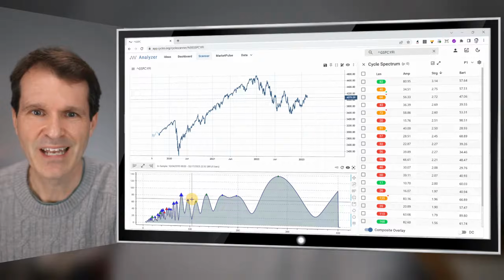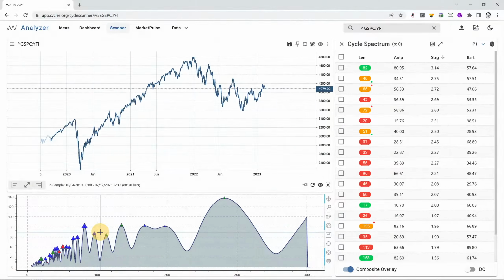So going with the standard setting here, we see that the cycle spectrum at the bottom shows us the so-called peaks in this spectrum. And each peak plotted in the lower chart is a cycle which is present in the data we are currently analyzing.